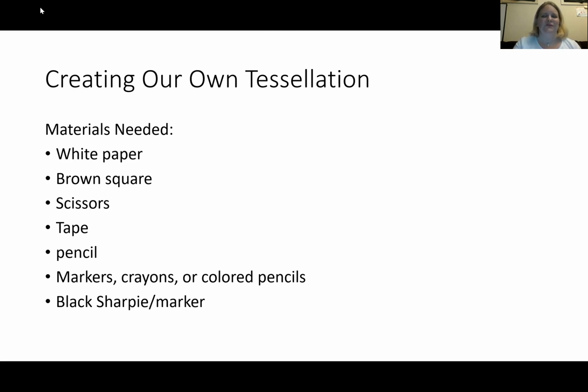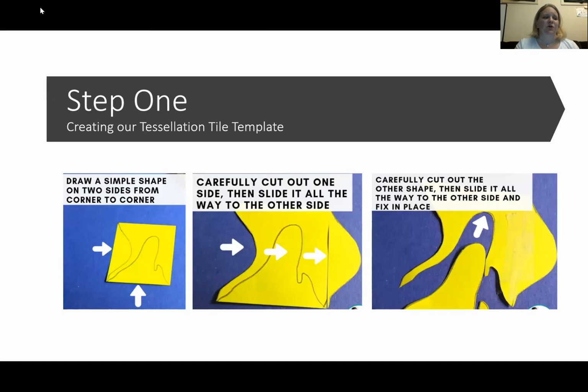Okay, step one, we are going to take our brown piece of paper and make a design from it. To do this, you are going to draw two simple shapes on two adjacent sides. If you draw one on the one side, you're going to draw the other one on the bottom. And they have to go from corner to corner.